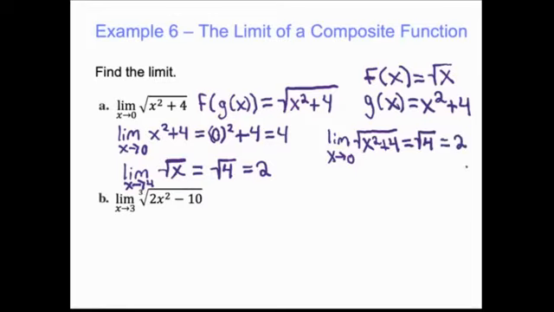Now let's look at part B. For part B, we're asked to find the limit as x approaches 3 of the cube root of 2x squared minus 10. So in this problem, f of g of x is equal to the cube root of 2x squared minus 10.